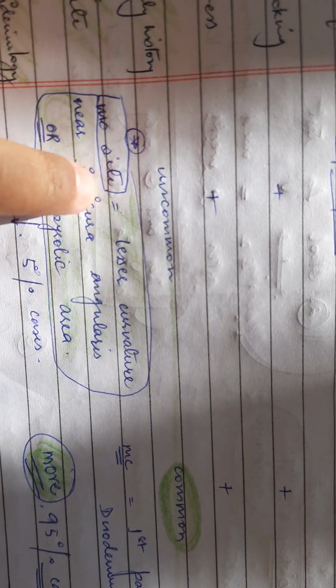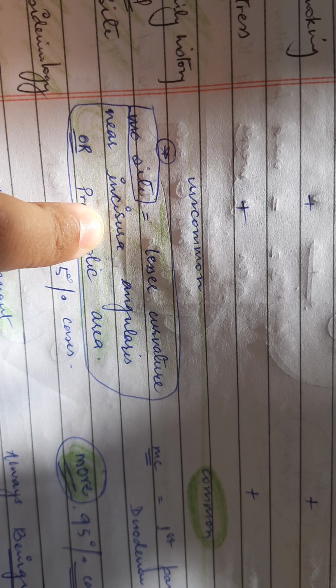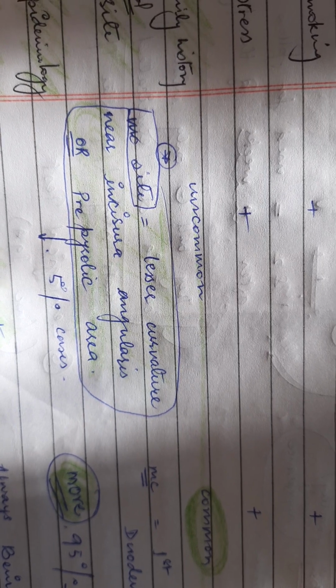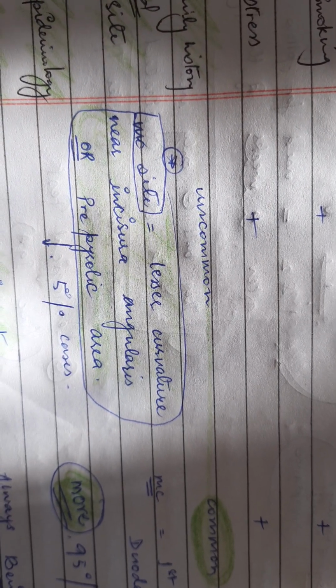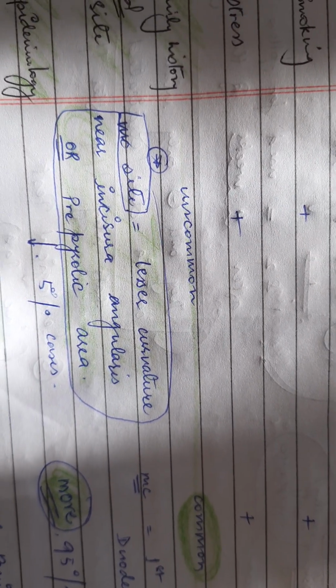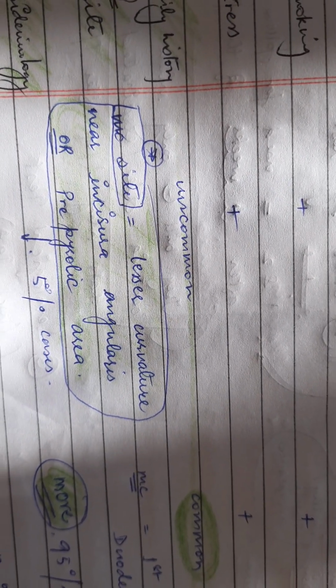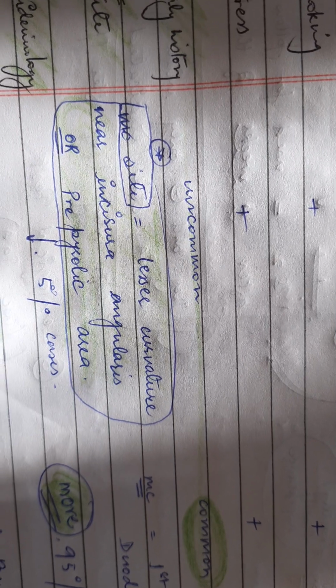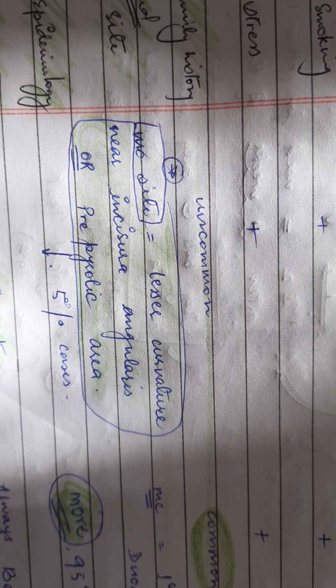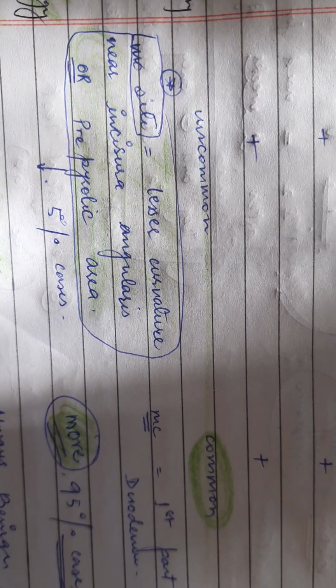Then site, this is important. The most common site in gastric ulcer is the lesser curvature near incisura angularis or prepyloric area, the area between the distal stomach and duodenum.